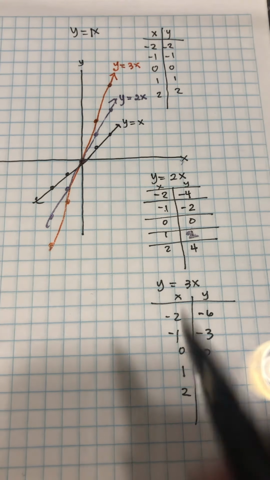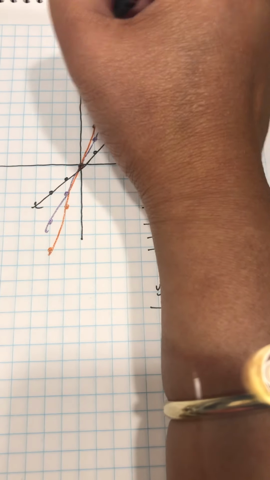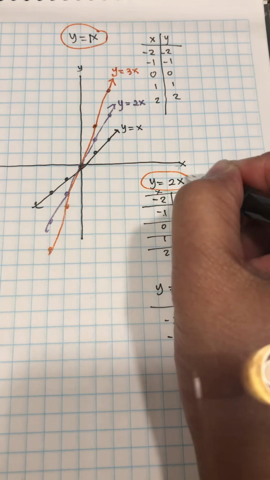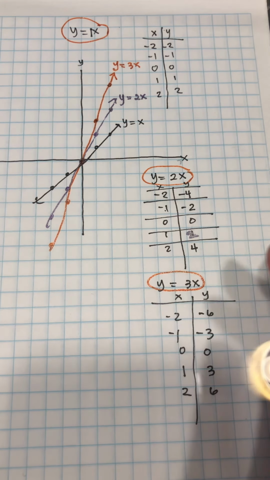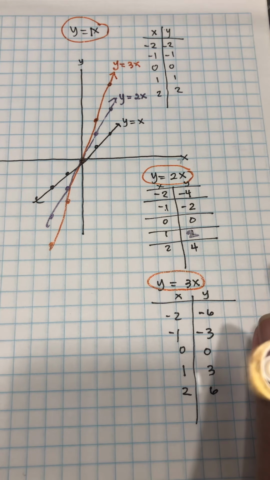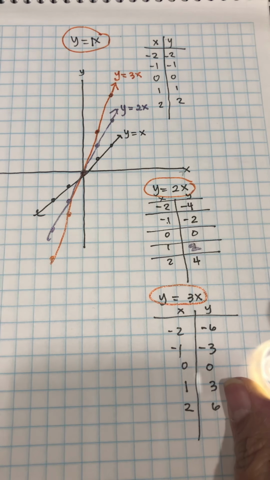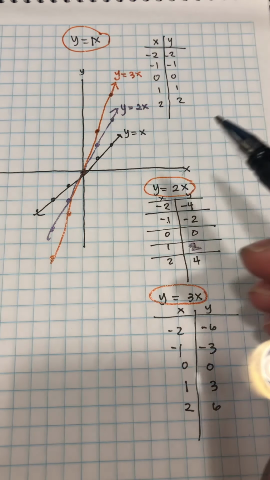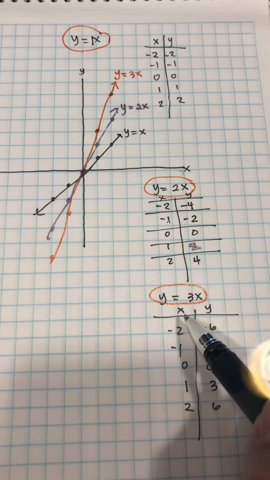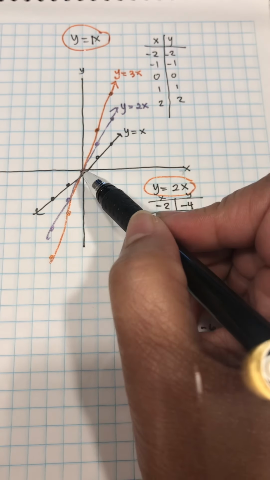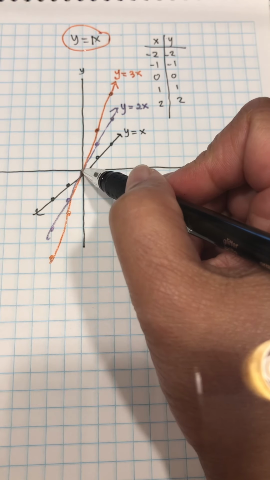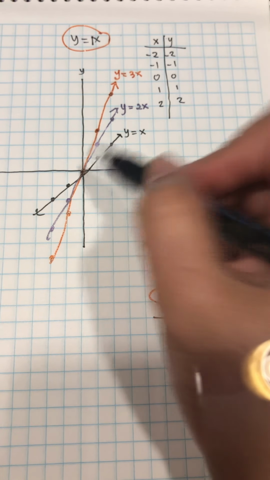So now, look at all this right here. Look at our functions, our equations. All of them are multiplications: 1 times x, 2 times x, 3 times x, and they all behave the same, passing through 0, 0.